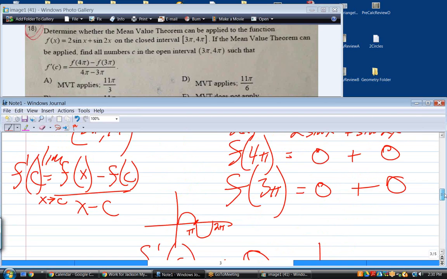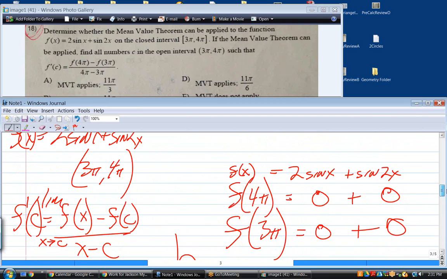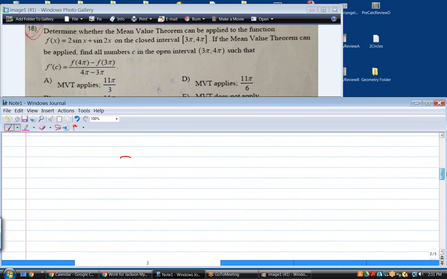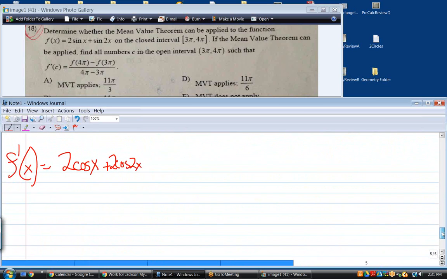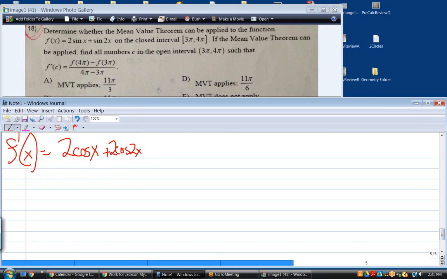Remember what f prime of x is. Where did I write it? Right here. F prime of x. So I have to find some x that's equal to 0, because I know that's what the right side of the equation is. The right side of the equation is 0 minus 0 all divided by pi.